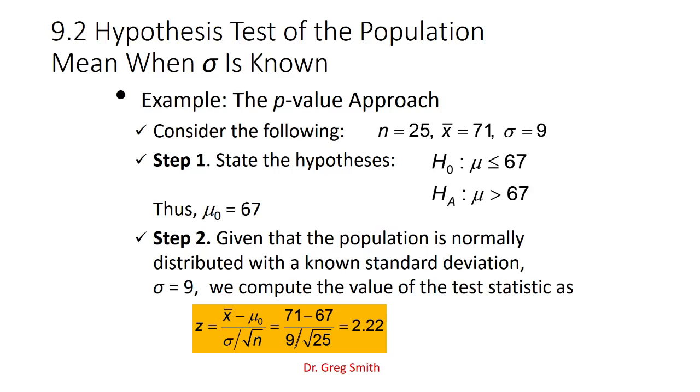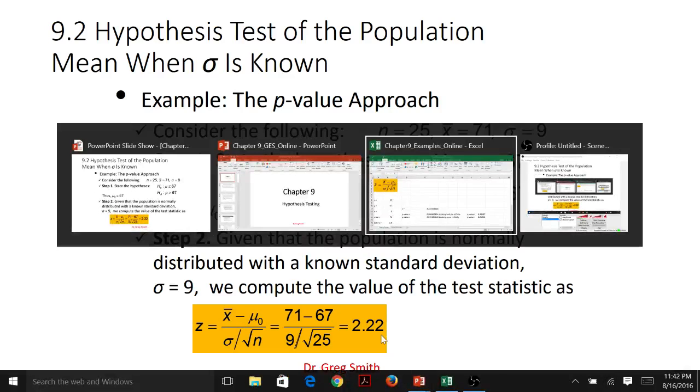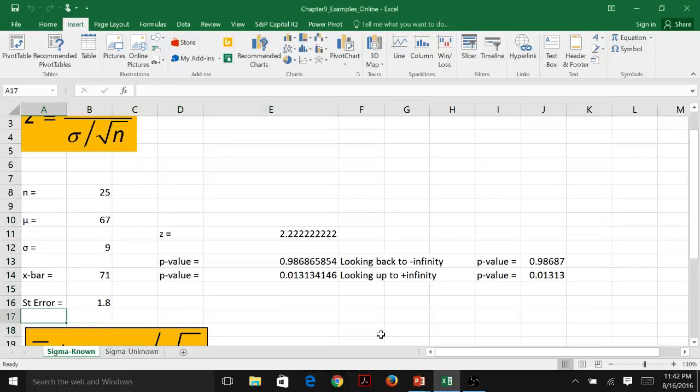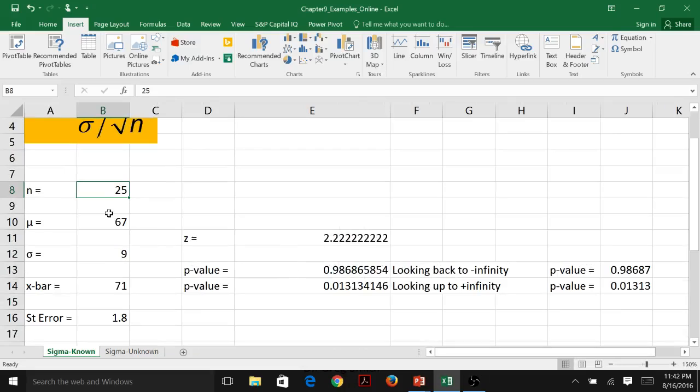So to create this thing in Excel, let me just toggle over here real quick and show you. Here's what I would have done in Excel using the z statistic. Here's sample size. Blow this up a little bit. Here's what was forever and always believed to be true, standard deviation. Here's the sample mean. I calculated the standard error here.